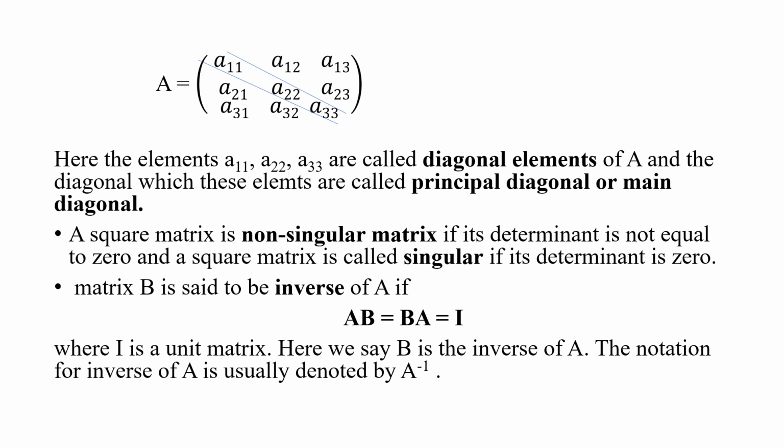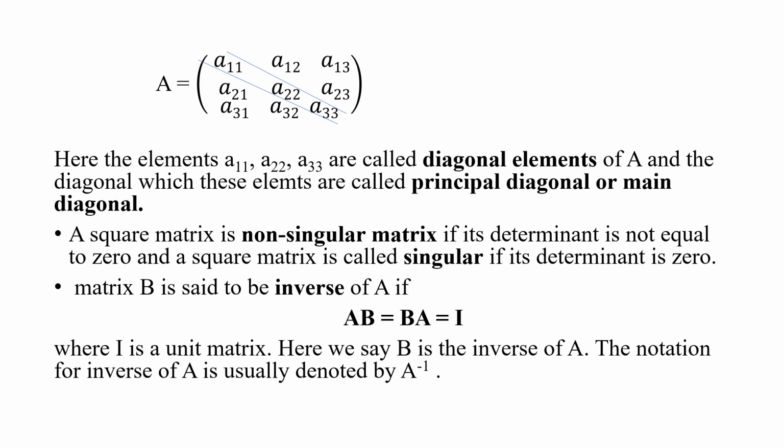And then a matrix B is said to be the inverse of A provided the product AB equals BA equals I. In the forthcoming slide, I am going to explain how to find the inverse of a matrix. For that, to define the inverse of a matrix, we need the meaning of adjoint of a matrix, cofactor of a matrix, and so on.